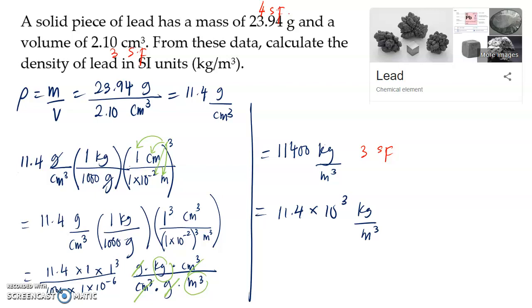So remember, whenever you have a very large or very small number, the final answer should be according to the correct significant figures or decimal places. In this case, for division, we have to refer to the number of significant figures. So this is going to be our correct final answer.